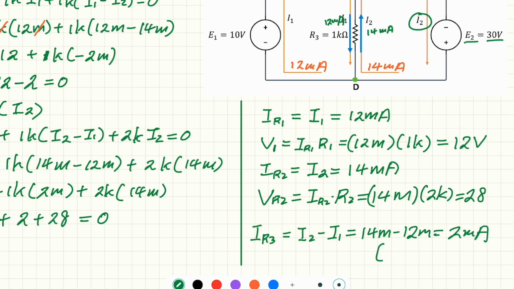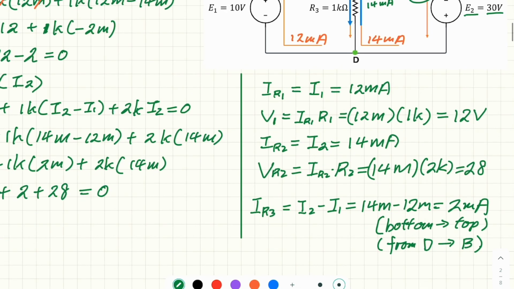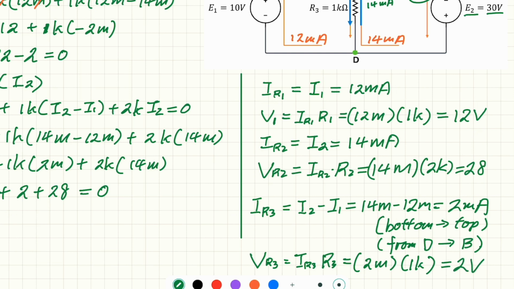And make sure we put a note here, which is from the bottom to the top, or you can say from D to B. The voltage across R3, VR3, equals IR3 times R3. So this is 2 milliamp, R3 is 1K, so this is equal to 2 volts.